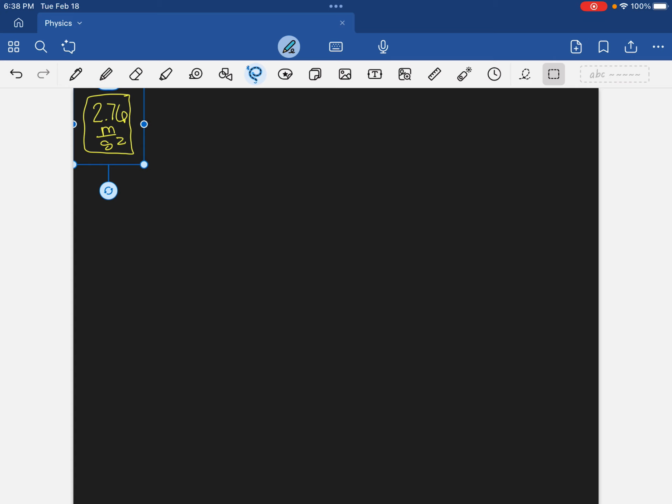And if I look back at my equation for, let's say, mass 1, we found that T1 minus M1G is going to equal M1A. So we can solve for T1.